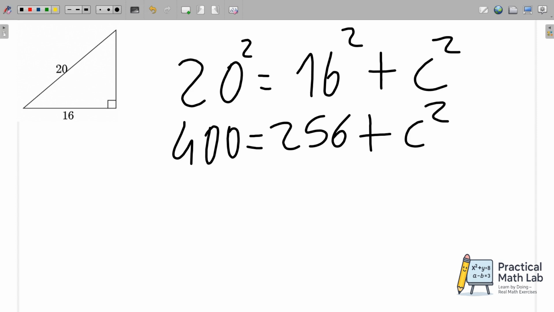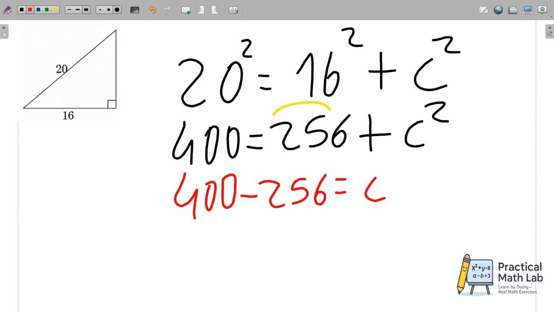Now here, since it's positive, we're going to move it to the other side as negative. So it'll be 400 minus 256 equals the leg squared. 400 minus 256 equals 144.